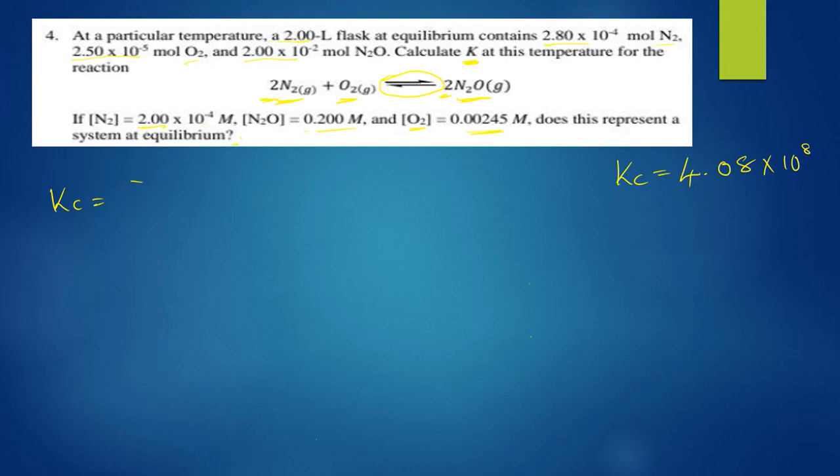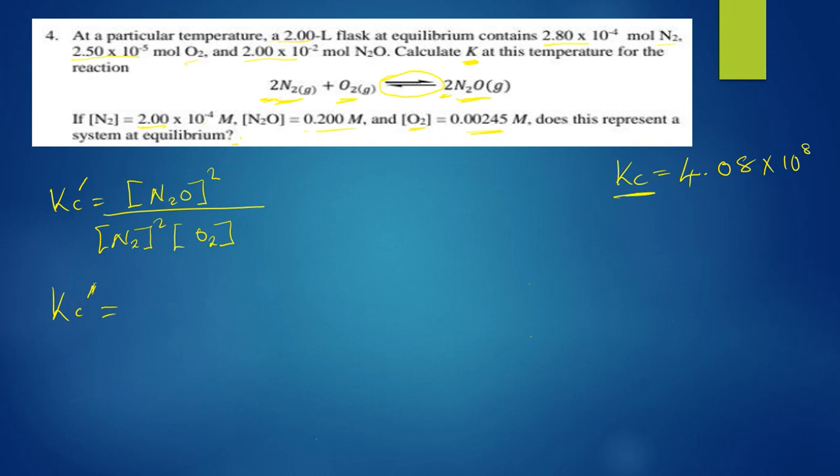So the product we're having is nitrogen oxide, and it will be raised to power 2 because there's a 2 in front there, over nitrogen, and this one will be raised to power 2, like that, and then over oxygen. And then what have we been given here? This one I'll differentiate by using a prime, because the first part we just used Kc, so I'll use the prime to differentiate from the first one.